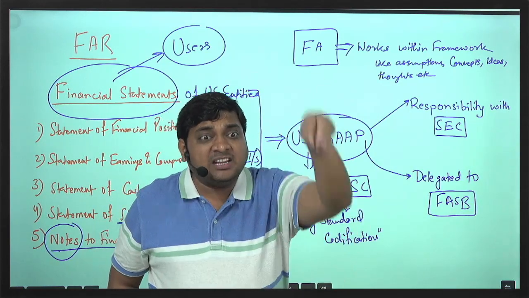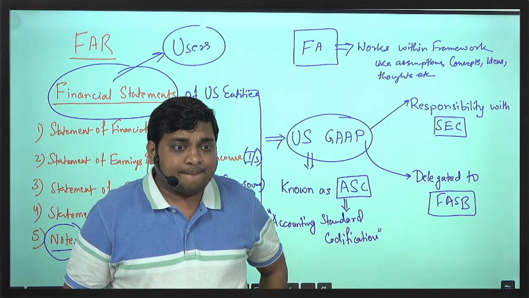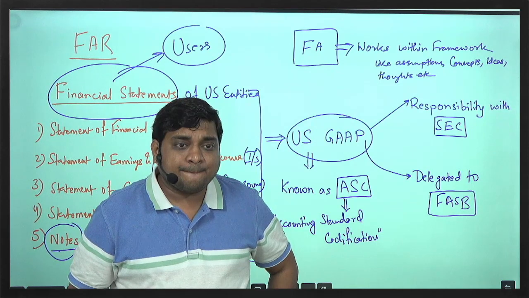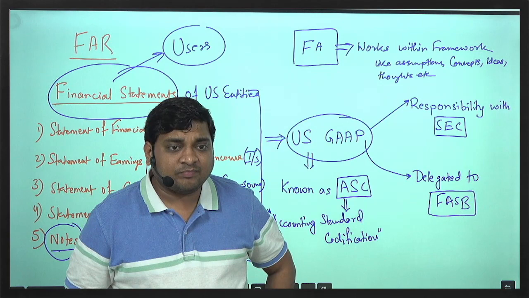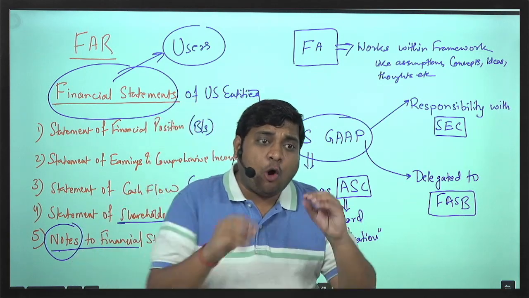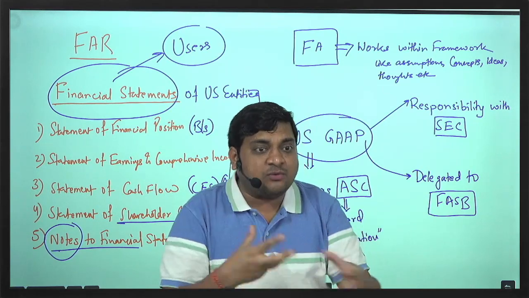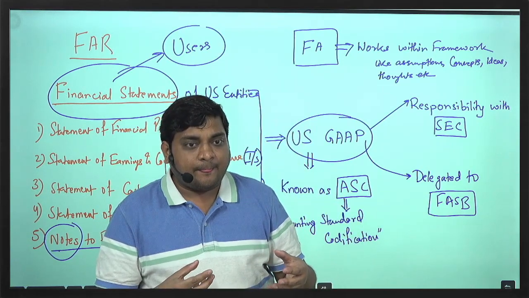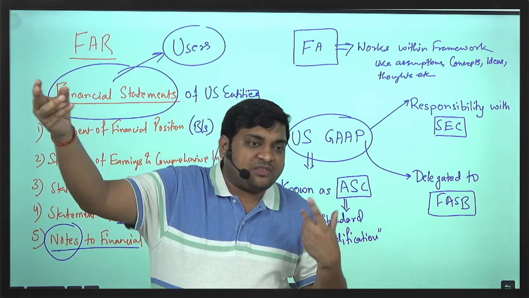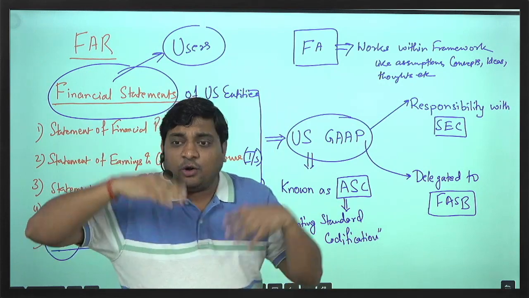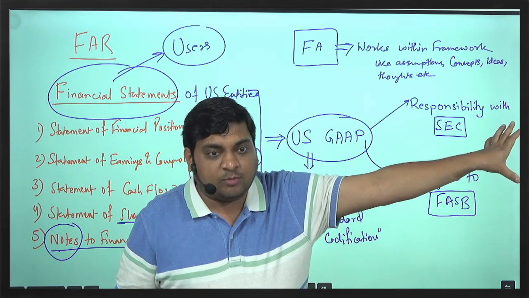Like in company law, it is mentioned you have to follow accounting standard issued by ICAI. So every country has its own regulations for maintaining and preparing their accounting work. Most of the foreign countries, they have told clearly, we don't have our own accounting standard, let us follow IFRS. It is set up by International Accounting Standard Board.